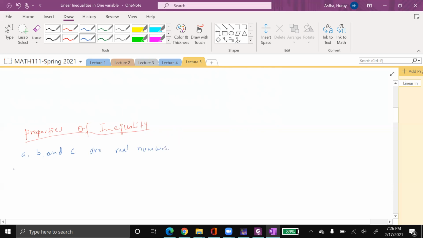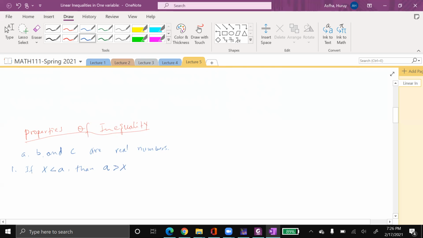Now, the first property is: if X is less than A, where X is a variable, this is a statement or an inequality. So if X is less than A, then we can write this one as A is greater than X.